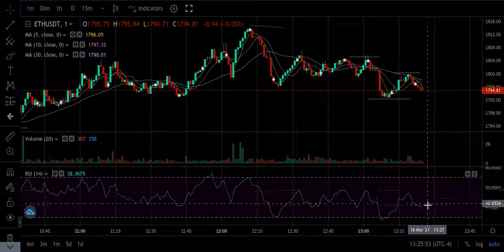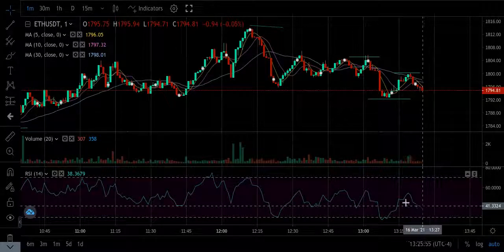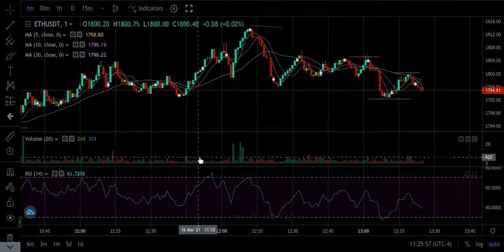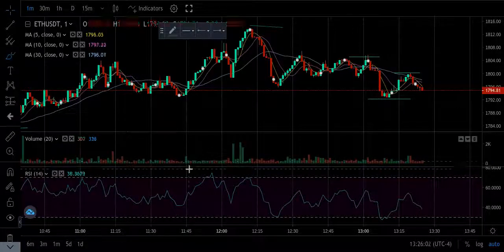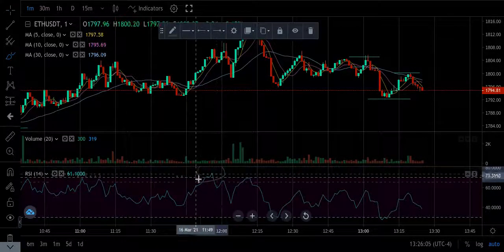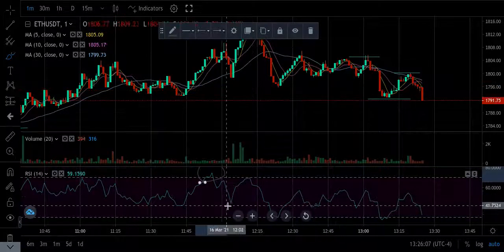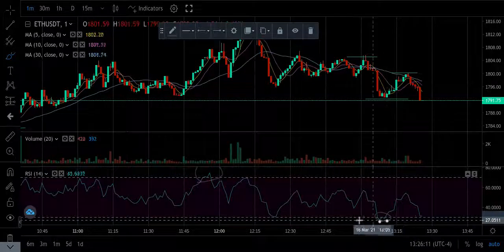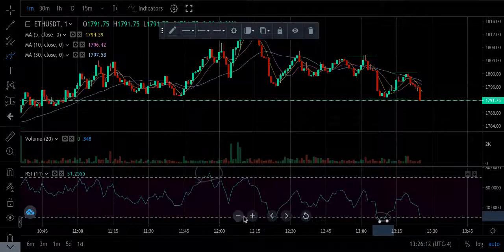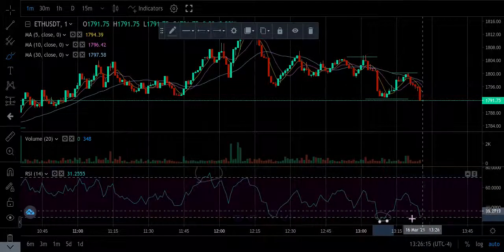I'm looking at the RSI levels here. What I also do is use the draw feature and circle potential RSI levels that will repeat, either a rejection coming down, bouncing down, or bouncing up.